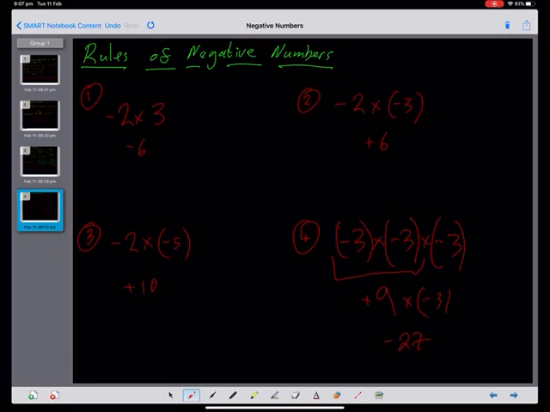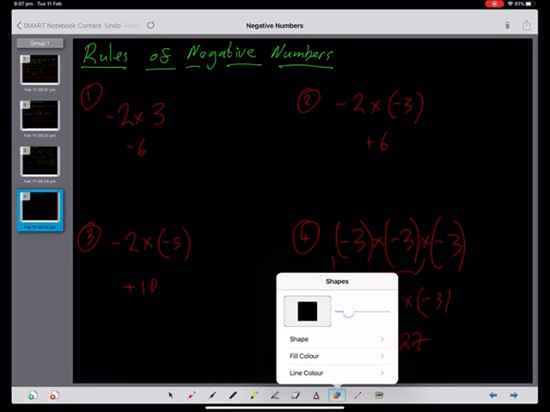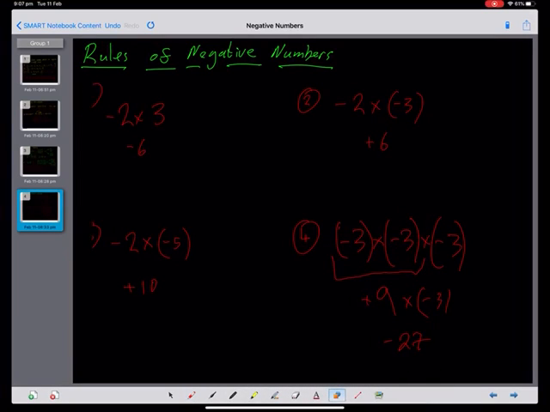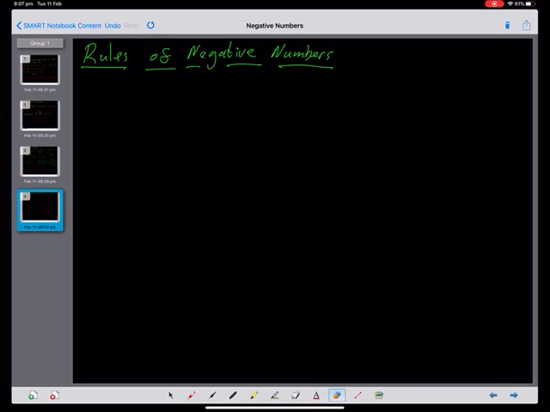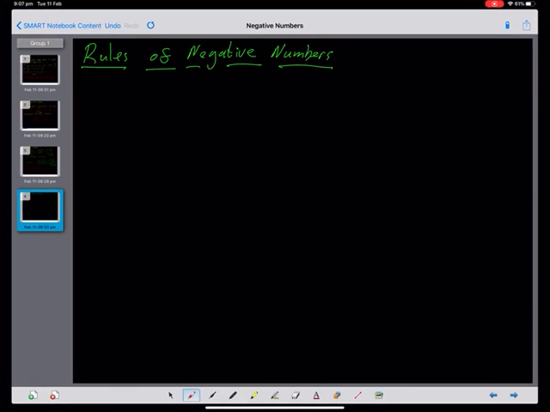Okay, so let's have a look at some more examples. Okay, so let's do negative 1 squared. 2, we've got negative 2 to the 4. 3, let's do negative 10 divided by negative 2.